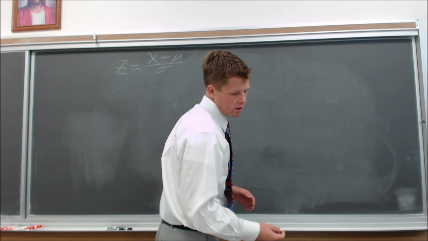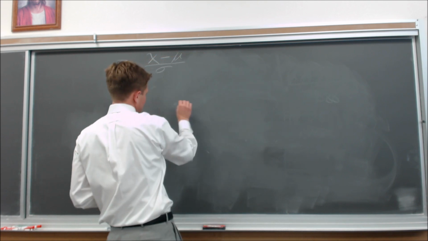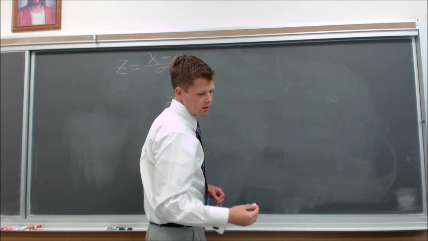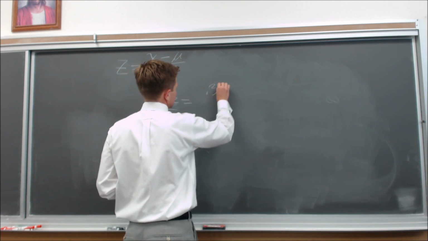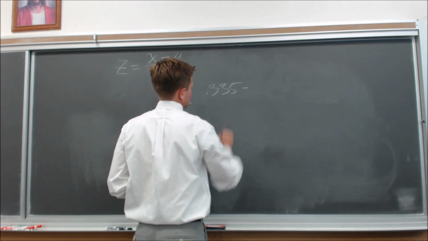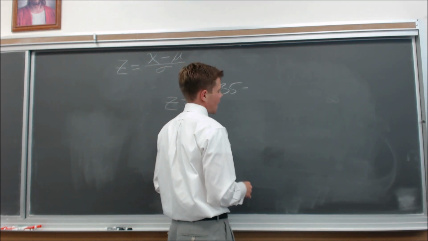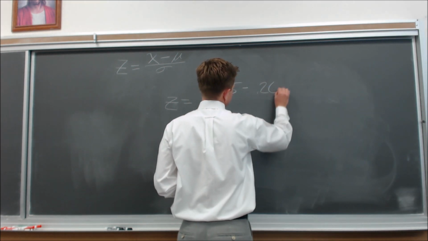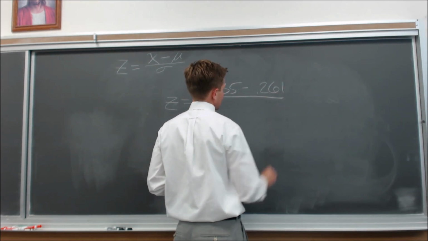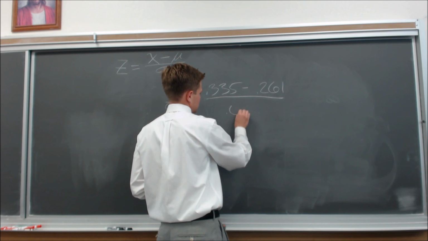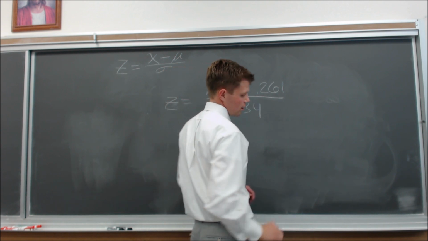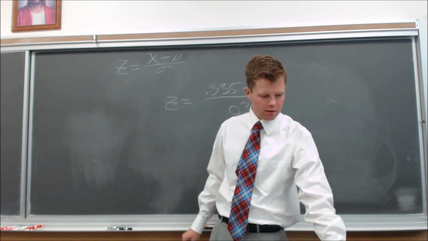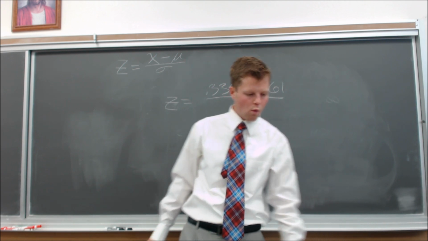So we're going to start with our z-score. So z is equal to the observation that we're looking at, 0.335, minus the mean, which is 0.261, divided by the standard deviation, which is 0.034. Okay, so you type that into your calculator, and you come out with 2.176.